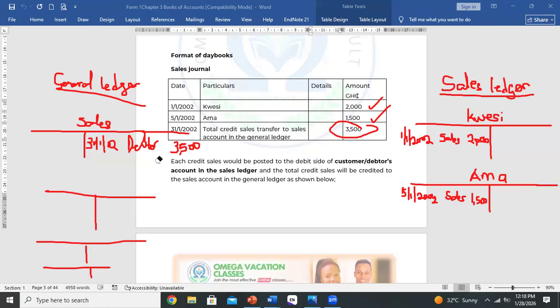If you sold it on credit, then the debit will be in the debtor's account. If you sold it and you received money, and here money can be the physical cash or it can be a check. If it is the physical cash, then we open the cash account and debit it. If it is a check, we open the bank account and debit it.